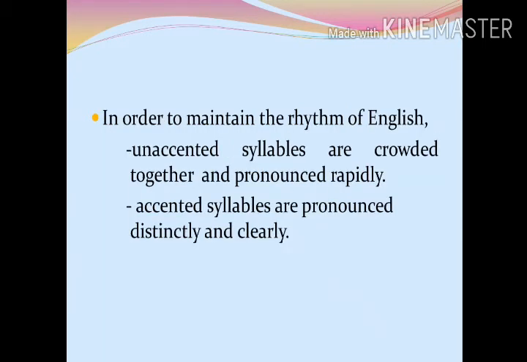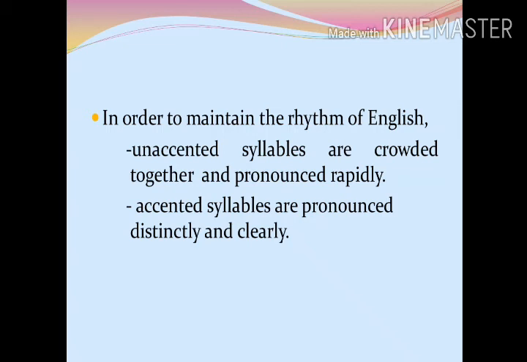In order to maintain the characteristic rhythm of English, that is, in order to see that stressed and unstressed syllables do occur at regular intervals of time when we speak the language, we do the following things. Unaccented syllables, if there are too many of them between any two stressed syllables, are crowded together and pronounced rapidly. Then, accented syllables are pronounced distinctly and clearly, particularly when there are no weak syllables between them.